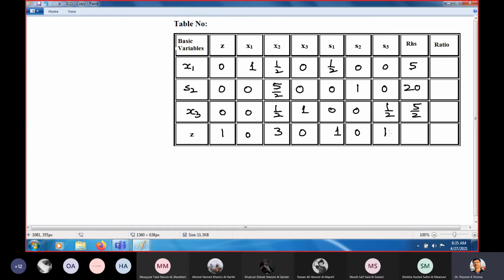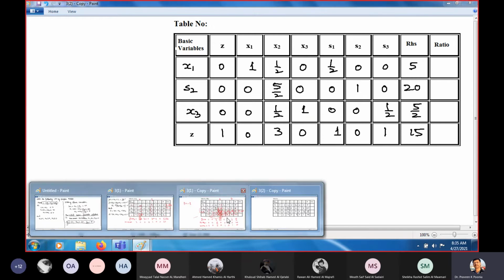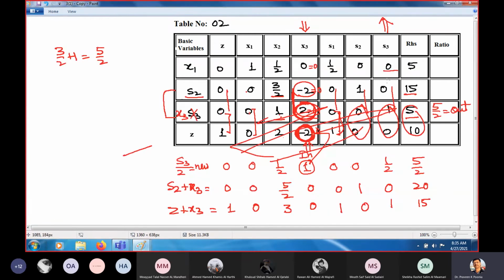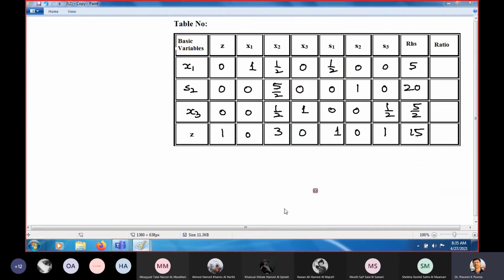1 0 1 15. So what we were planning to do here? This is 0 1 0 0 1 0, and in x3, it is 0 0 1 0. We have developed this. Clear?